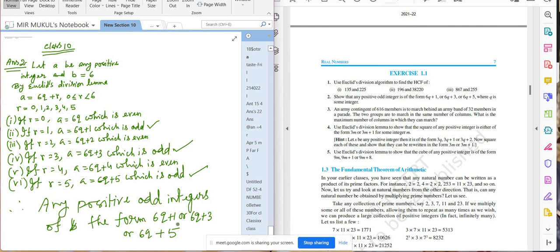Any confusion? If there is any confusion, you can discuss, because this is a very logical answer. It is not like division. Question number 1 was direct; there you only had to know the method, but here you have to use your concept. Sometimes, the first time you see this kind of question, you don't understand what they are asking. Am I correct or not? So are you facing that problem, anyone?